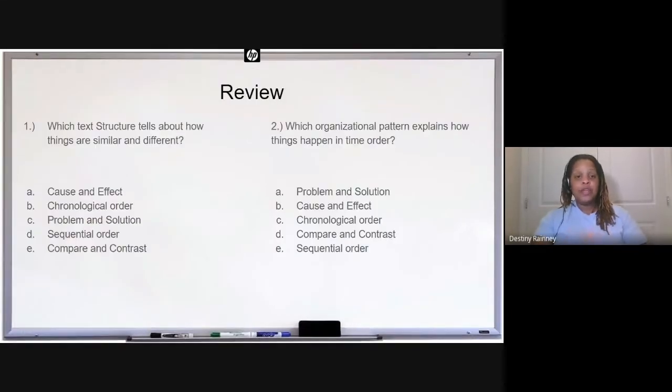All right, let's review really quickly with two questions. The first one says, which text structure tells about how things are similar and different? Go ahead and look at the multiple choice options and choose the best answer. All right, if you chose E, compare and contrast, then you are correct.